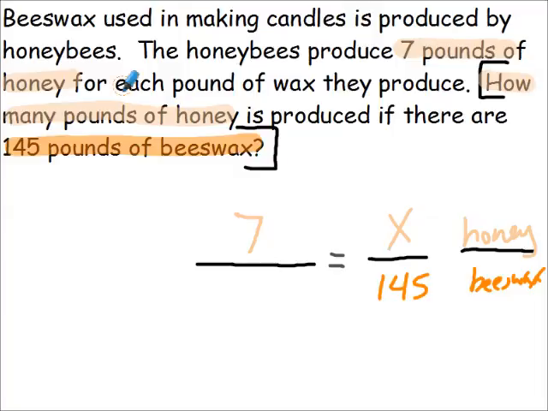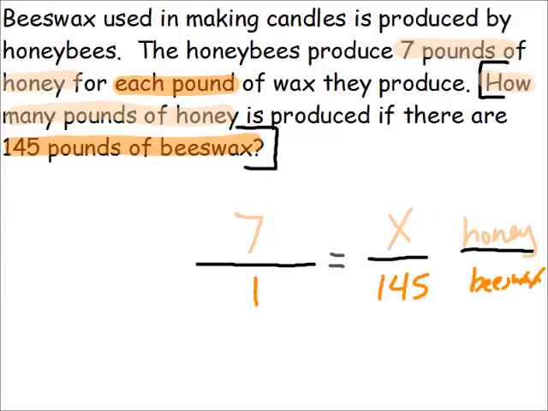It says for each pound of beeswax. How many pounds would that be? Well, if it's 7 pounds of honey for each pound of wax they produce, then we know that it is for 1 pound.